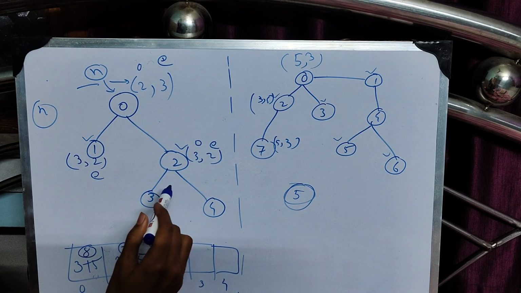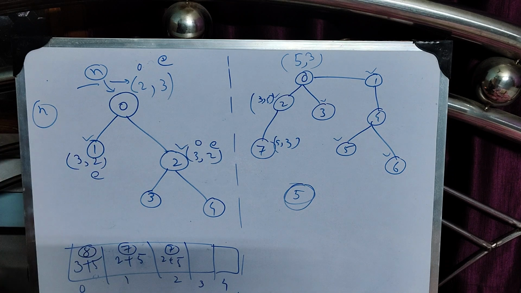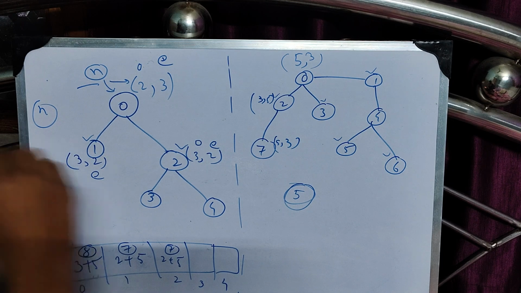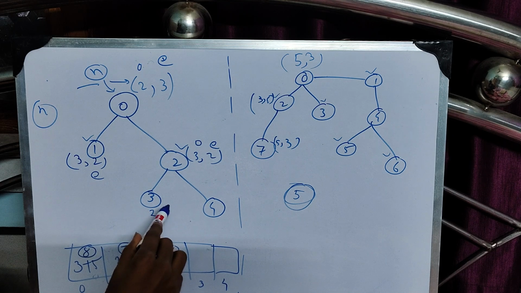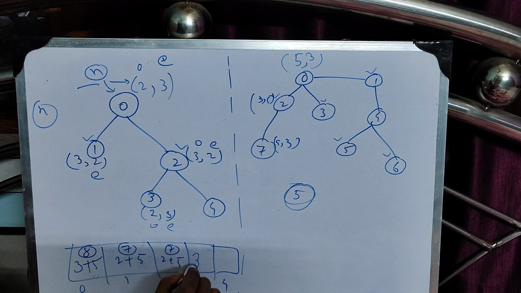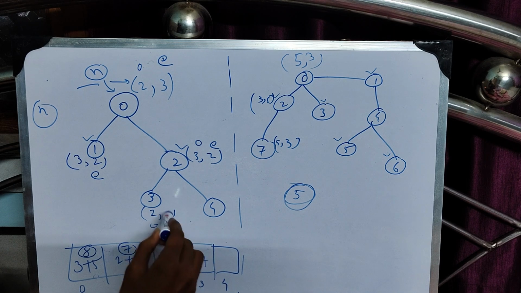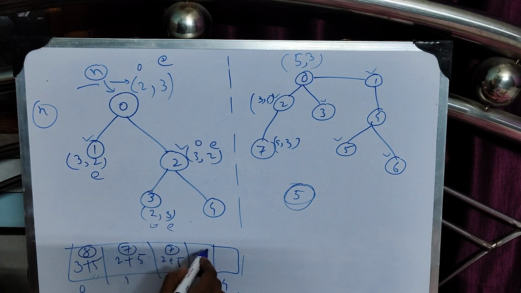For this one it will be 3, so it will be 2 comma 3, because this one will get reversed, odd and even. 3 plus 5, that will be 8.